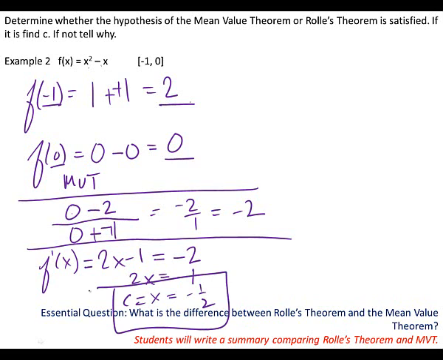All right. So here's what I want you to do. I'm going to give you about 2 or 3 minutes. I want you to try both example 3 and example 4. So you're going to do 3 and 4 and determine whether it's Rolles or mean value. Okay, so everybody's going to try that right now.